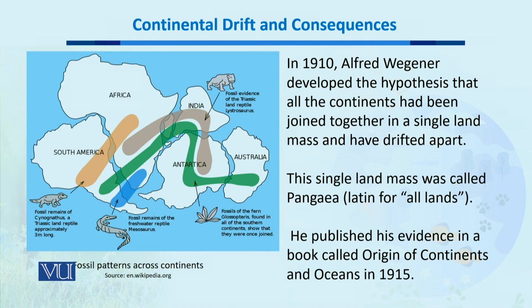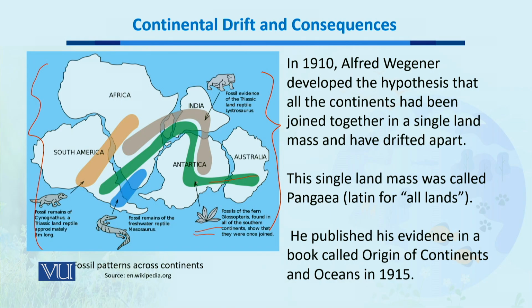His theory is supported by many factors. Some of them are given here. This is Pangaea, a time when all the continents were together. Scientists have come to know this through fossils. For example, the fossil of the fern-like plant known as Glossopteris is found in all of the southern continents.